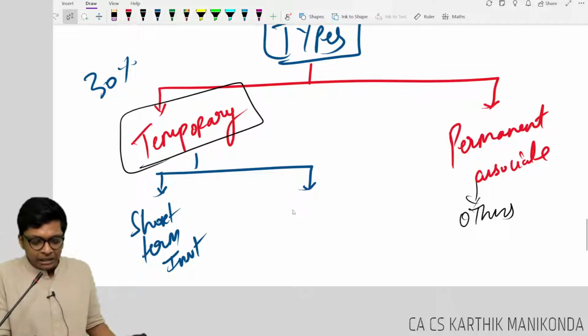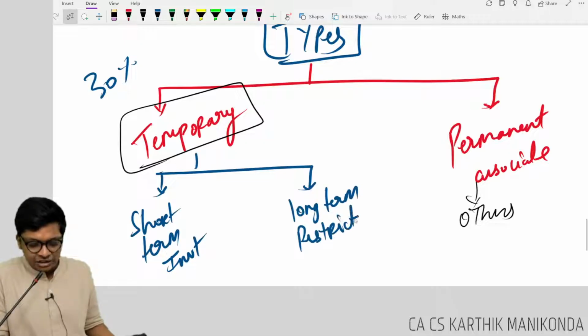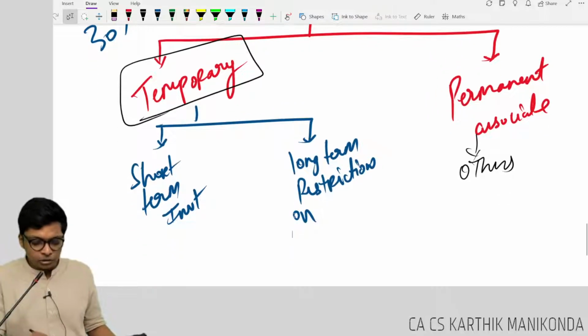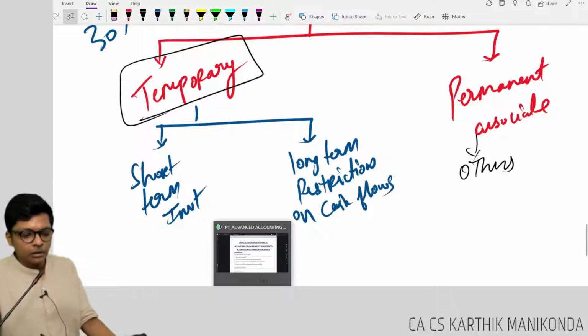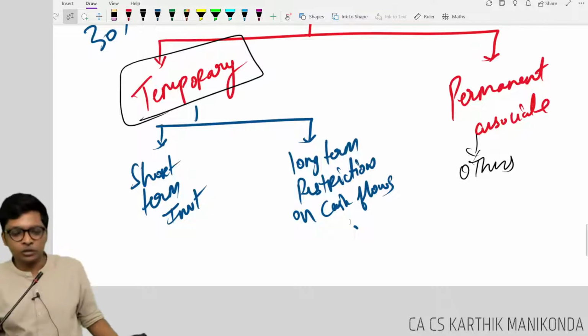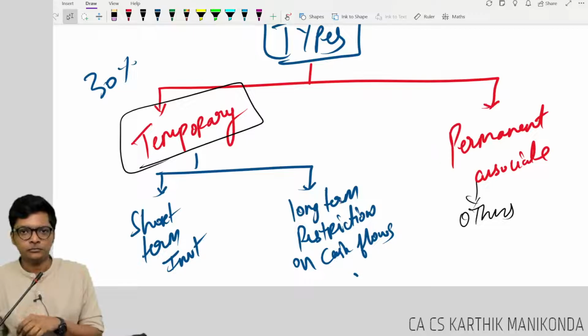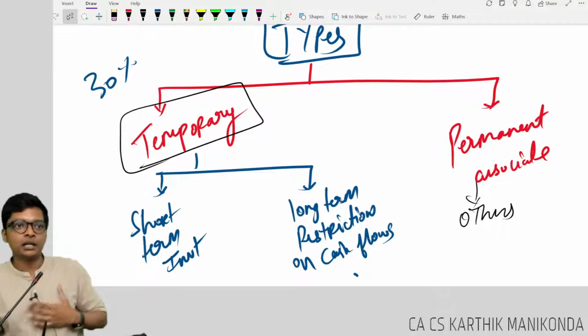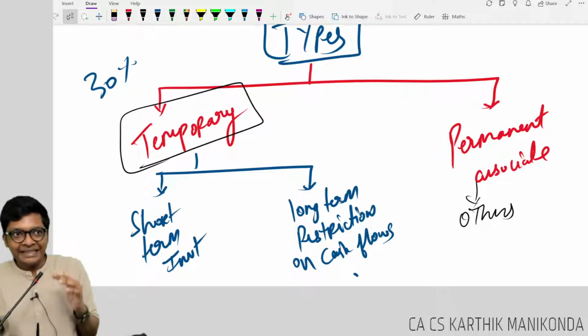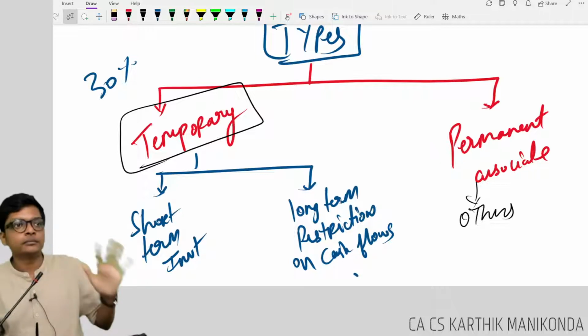Second is called associates where there are long-term restrictions on cash flows. Sir, long-term restrictions on cash flows. What do you mean by this? Why do you invest somewhere? To get return, to get profits, correct? Imagine I invested in an associate in China.